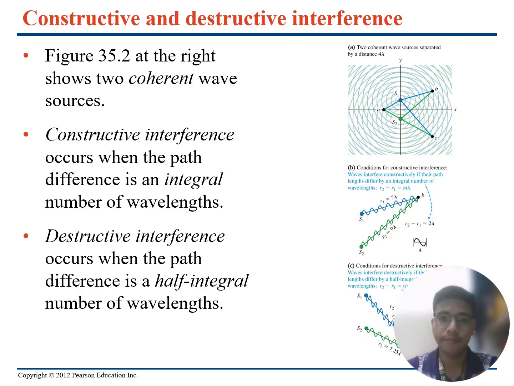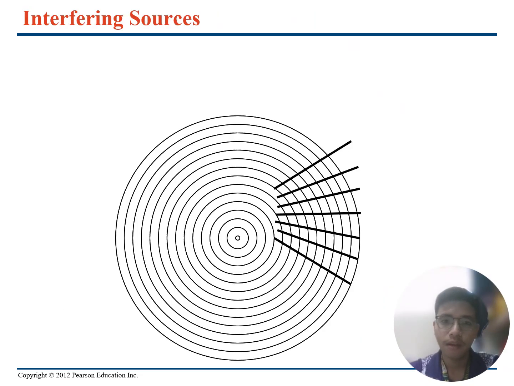Now, moving on, as you can see, this slide illustrates the interference pattern produced by two coherent wave sources. Coherent sources are sources that emit waves of the same frequency and maintain a constant phase relationship. As the waves spread outward from the two sources, they overlap in different regions of space.